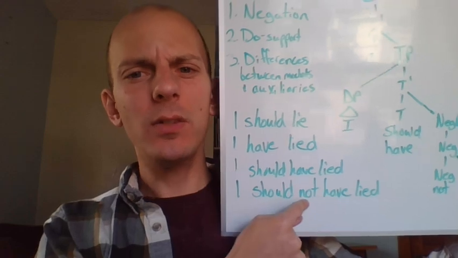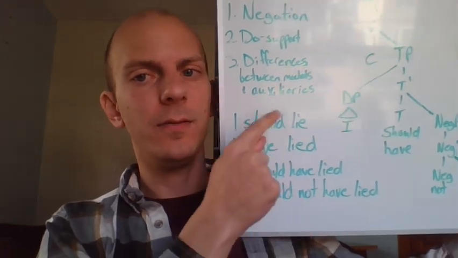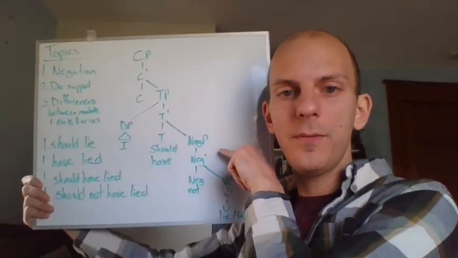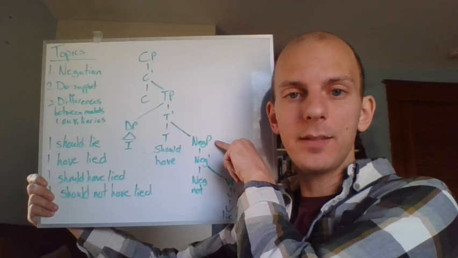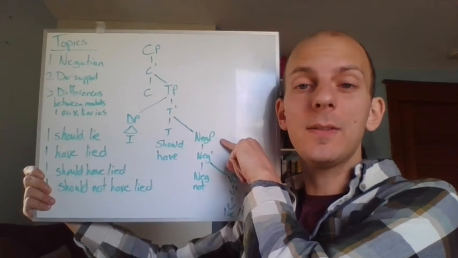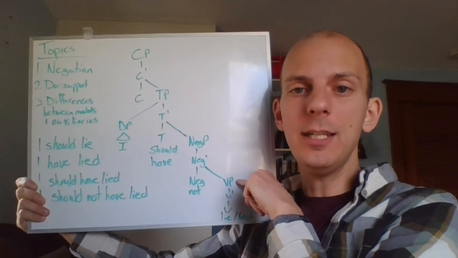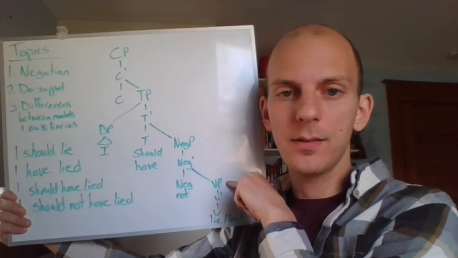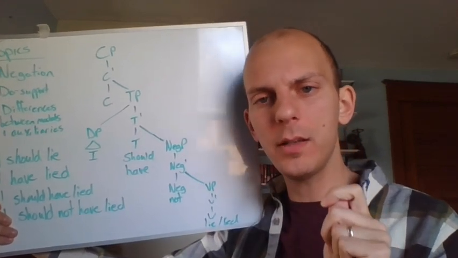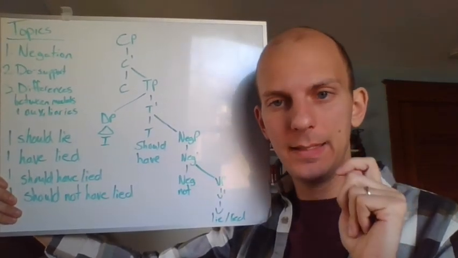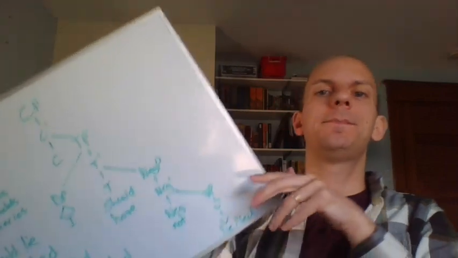What two categories was not intervening between over here? Over here, we found that our negation, our not, was intervening between T and V. It's in between those things. Negation, hold that in your mind if you can. Negation comes between tense and a verbal component.